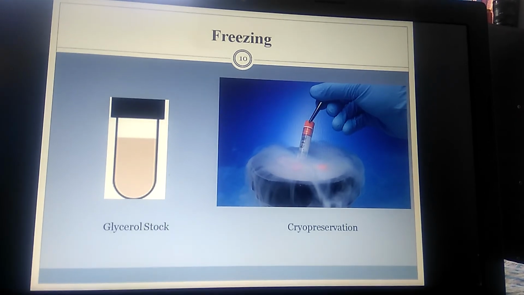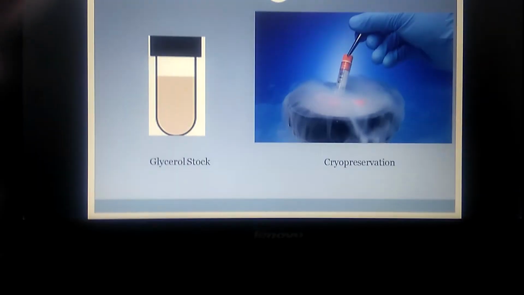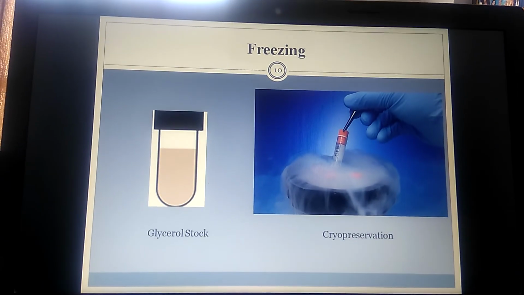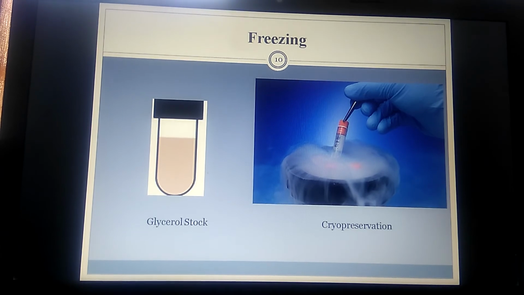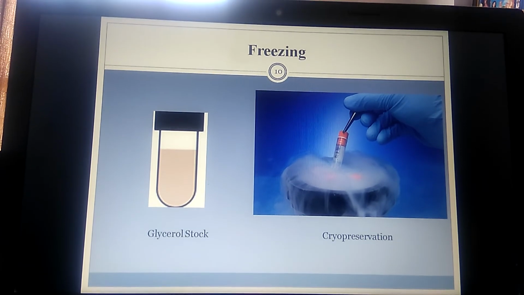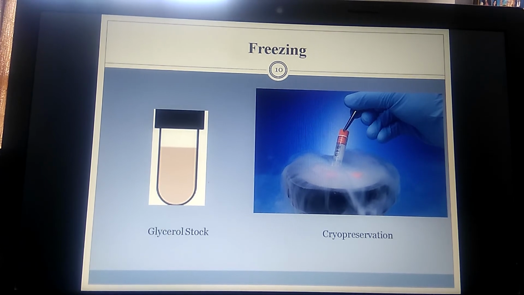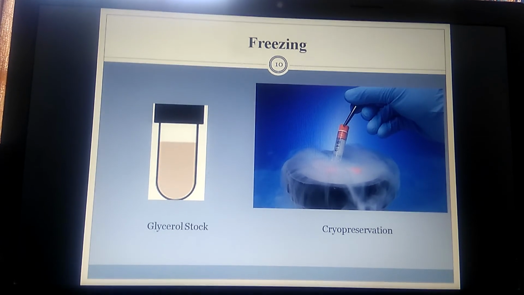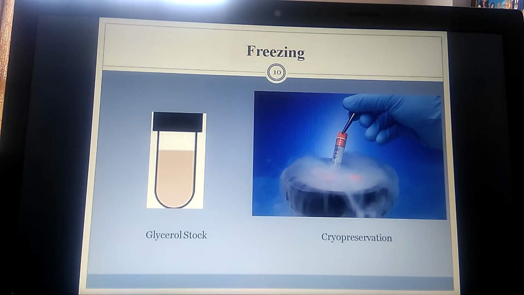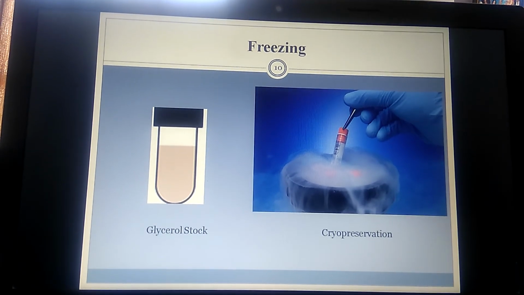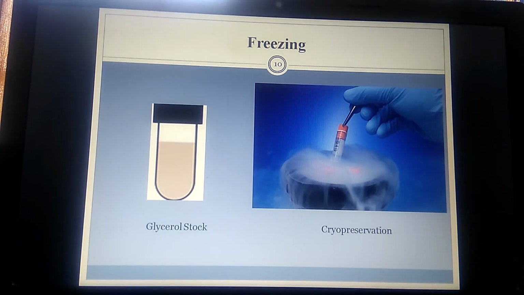But we have to take care that liquid nitrogen should not enter inside the cells, inside the culture, because liquid nitrogen is again toxic to cells. The liquid nitrogen should be present just outside in the environment, so it will form a colder temperature. To avoid the entering of liquid nitrogen, there are gas fumes of nitrogen which are used in place of the liquid nitrogen.